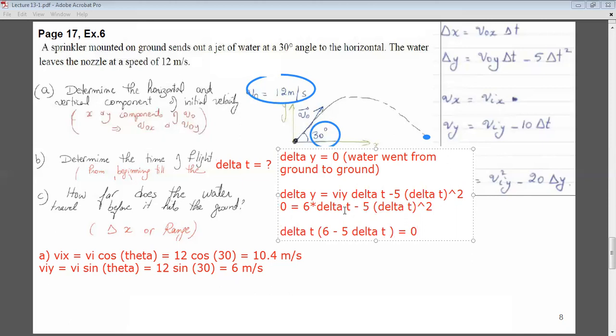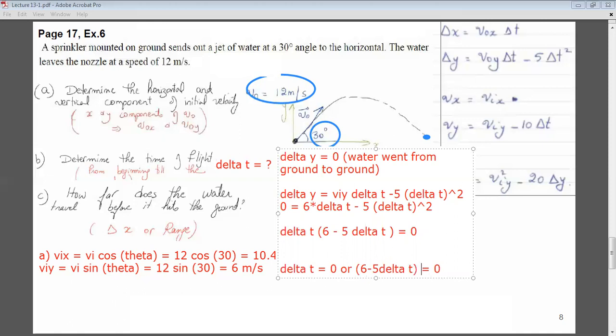So delta t is 0 or 6 minus 5 delta t equal to 0. So it's either the first part is 0 or the second part is 0.